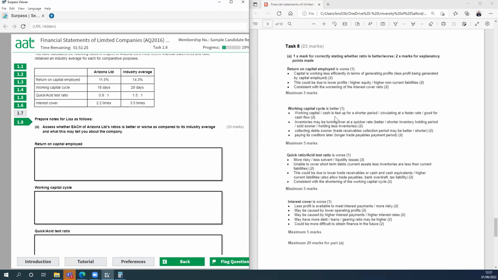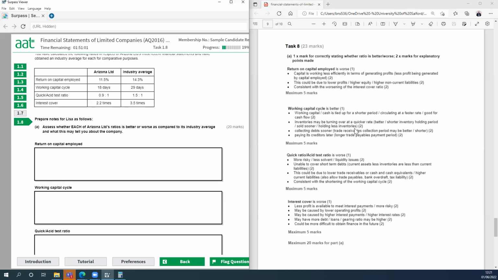Okay, so maybe that's to do with the fact that your cash is tied up for a shorter period. So working capital is basically your current assets minus your current liabilities, isn't it really? So it's thinking about those types of things. Working capital, current assets minus current liabilities, so that's the reason why.